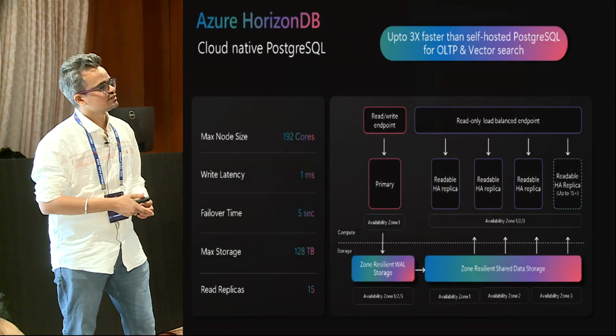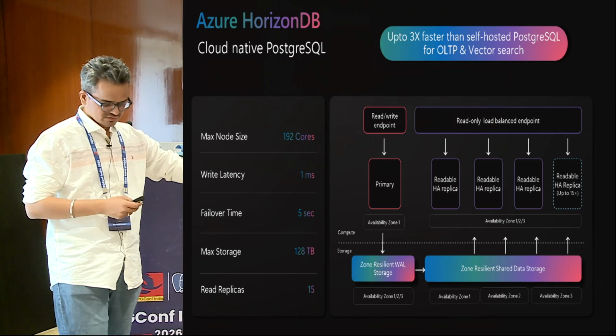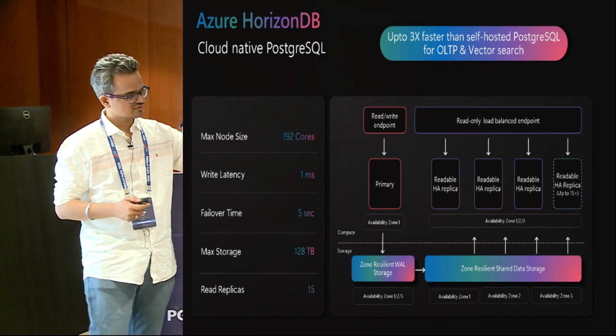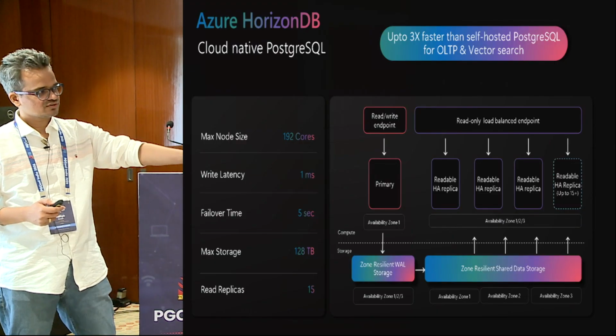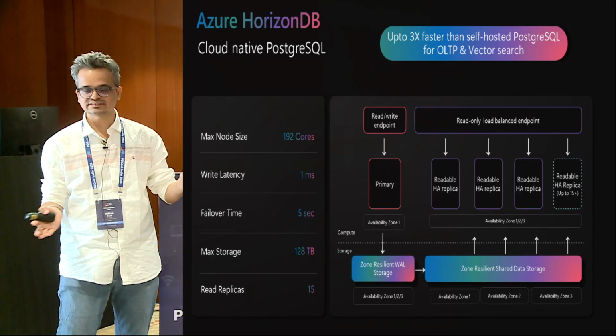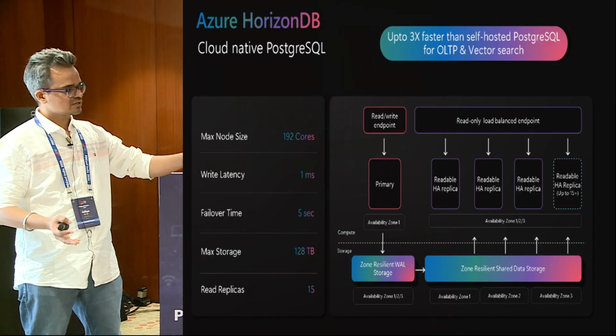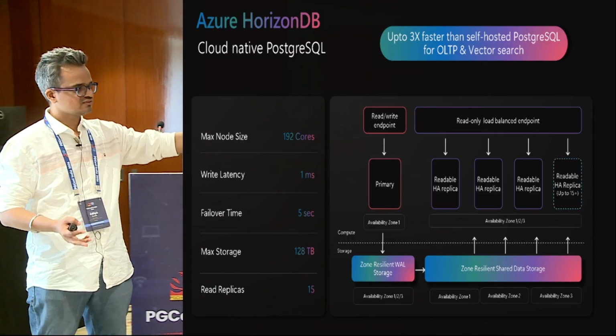Then we will go to the high-level overview. At the bottom you can see it has zone-resilient WAL storage and zone-resilient data storage. Here the storage and compute are separate altogether. Both storage layers are zone resilient, and the compute is entirely stateless.